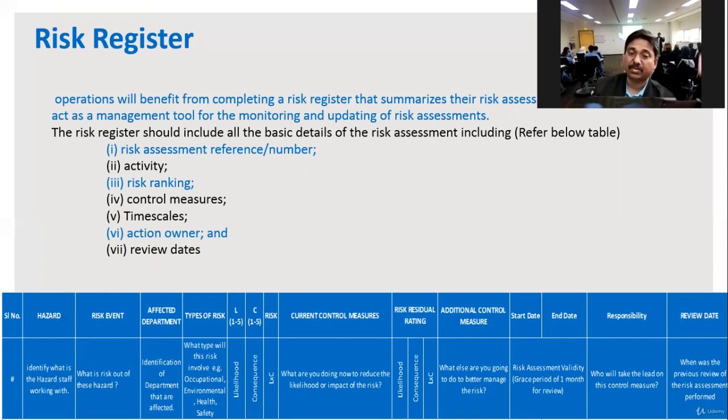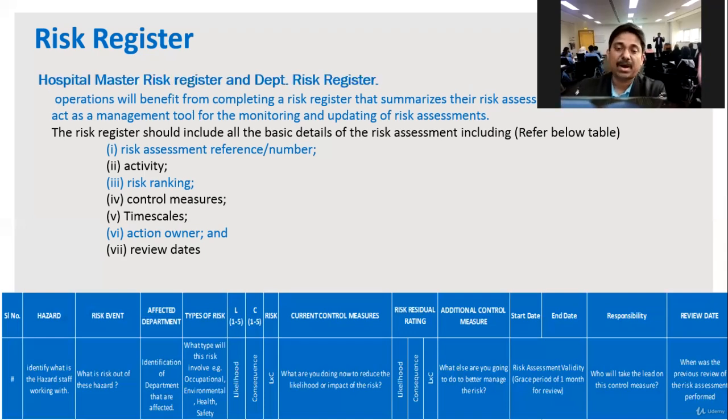We are allowing them to work based on certain situations, those who are identifying in that. So this risk register is allowing the people to work even though the situation needed, like some kind of high risk activity is going on, the risk ranking is so high, the control measures are so much, and the time scales are limited. Workers, action owners and review dates we are identifying, we are distributing the risk to the entire people of that department.